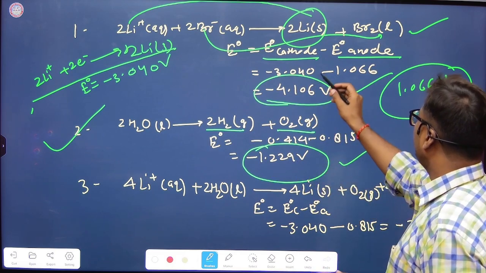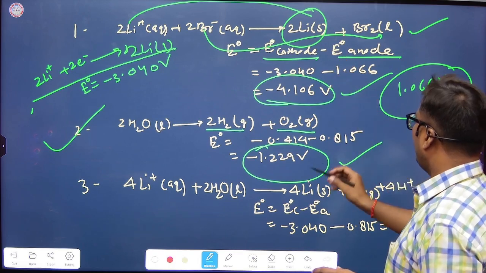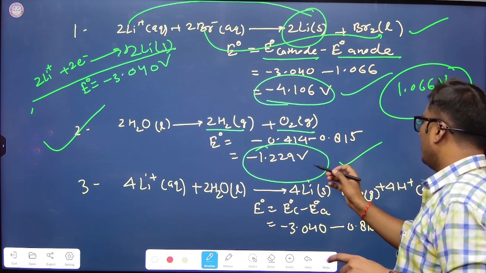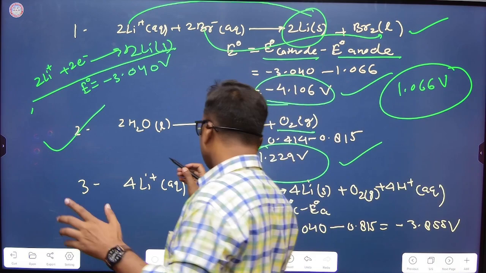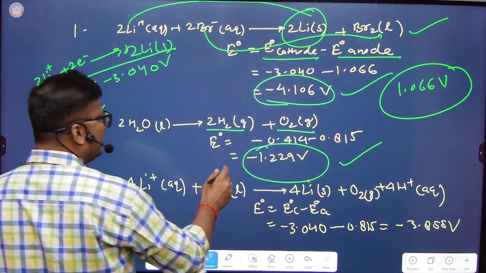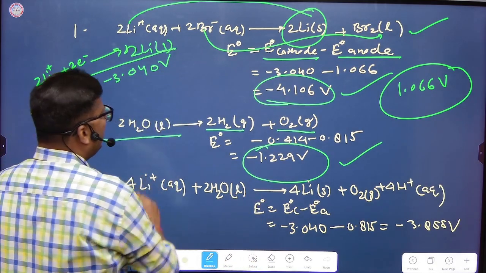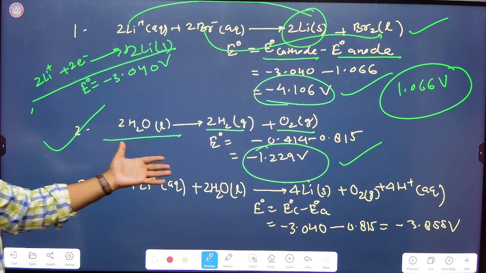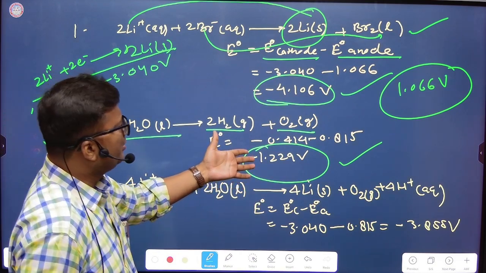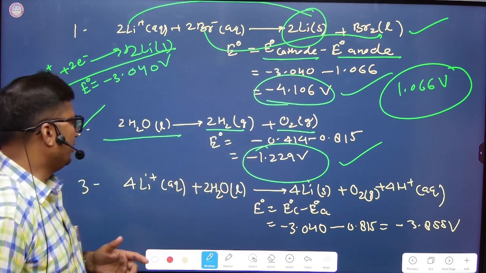So compared to the other, these reactions are actually favorable because they require a low potential battery, right? So decomposition of water is actually carried out because of the low potential battery.